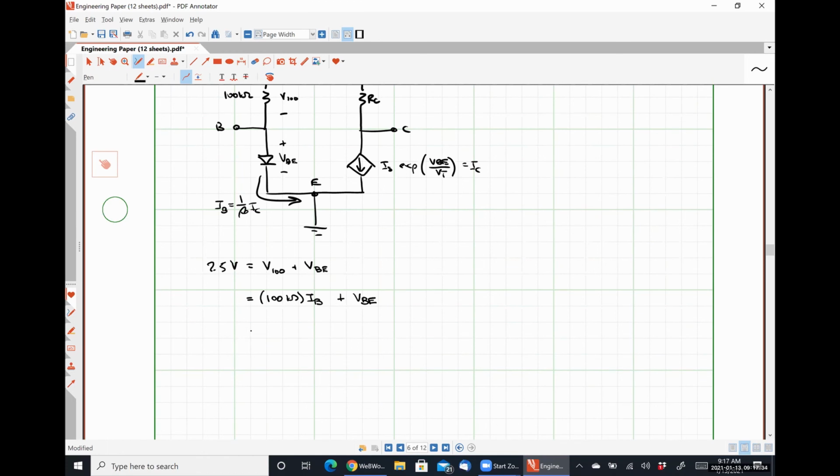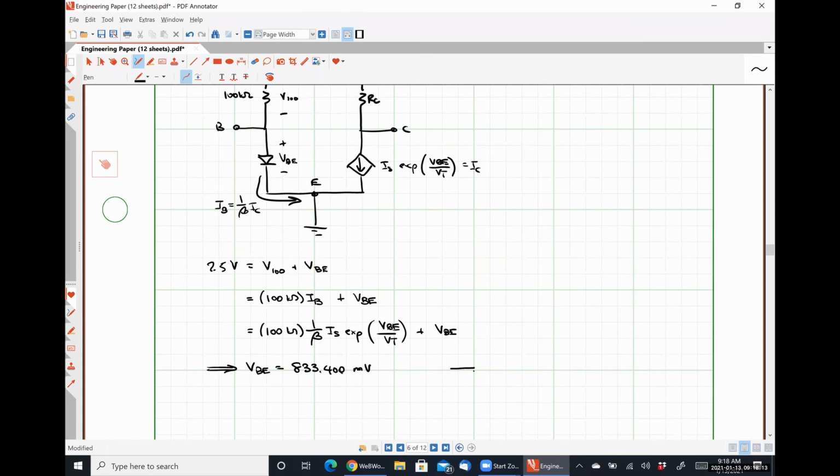And so what I mean by that, 100 kilo ohms, IB is 1 over beta, where we know what beta is, times IS, which we know what that is, exp(VBE over VT), plus VBE, which allows us to solve for VBE, which I got to be 833.400 millivolts.